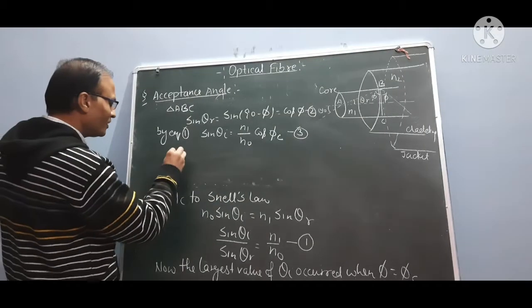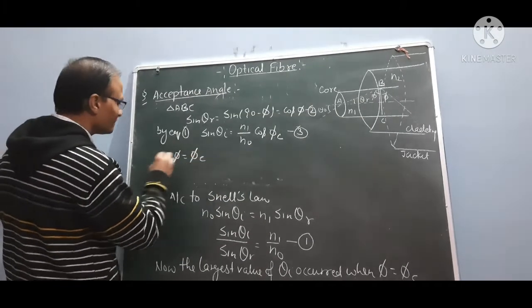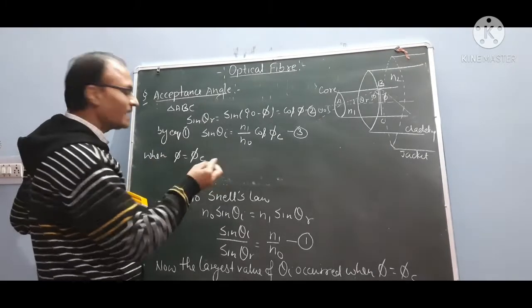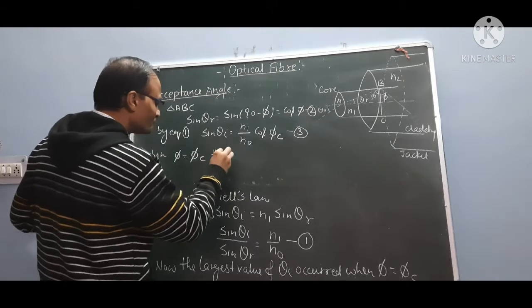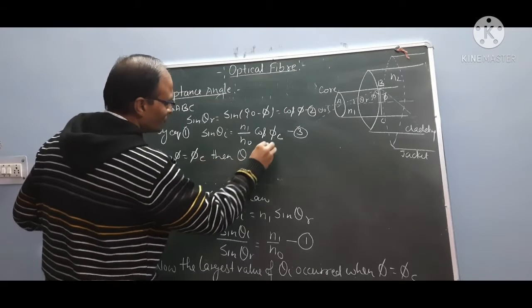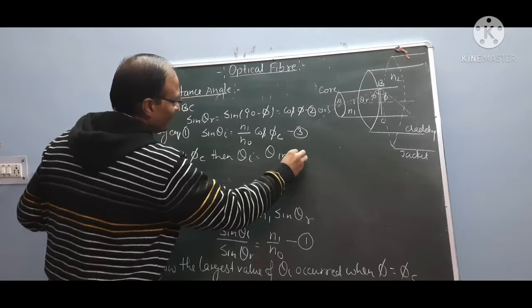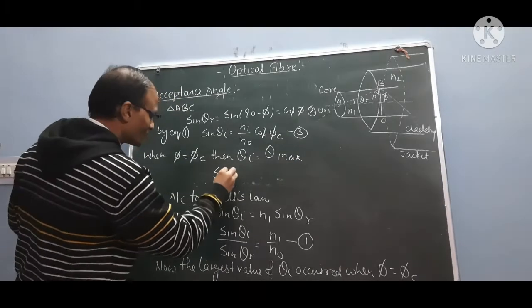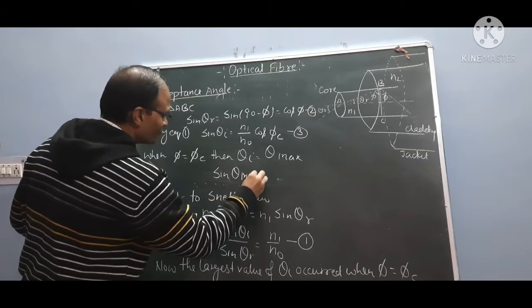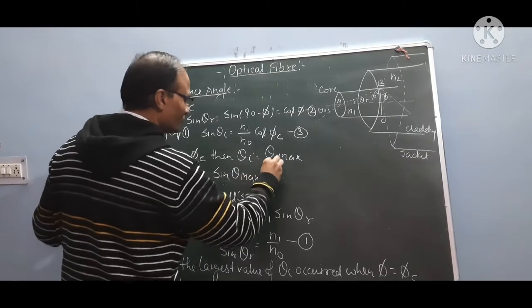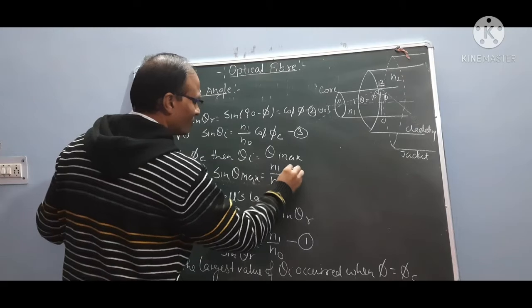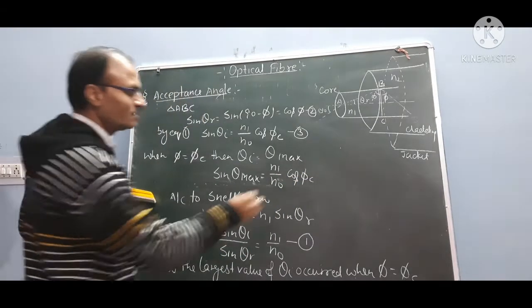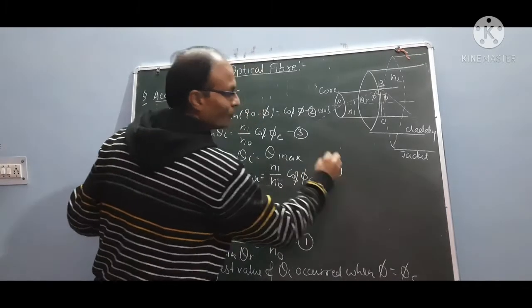When phi equals phi C, then theta I equals theta maximum. So sin theta maximum equals N1 upon N0 cos phi C. This is equation number 4.